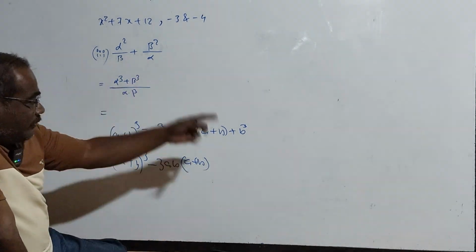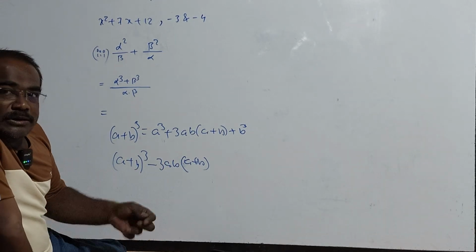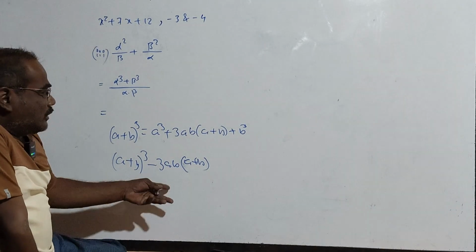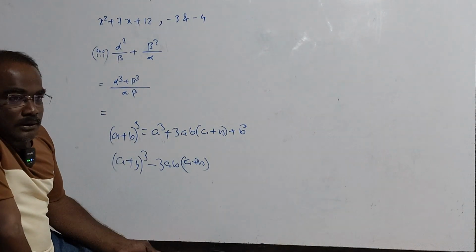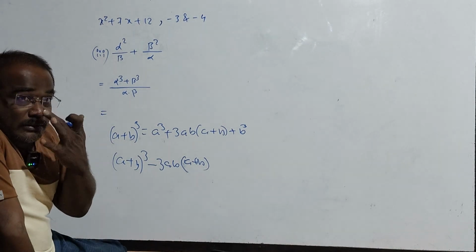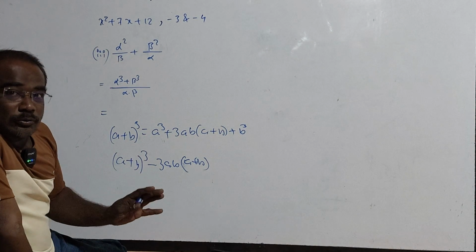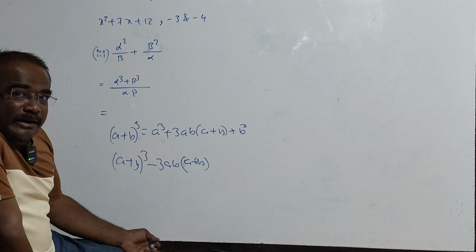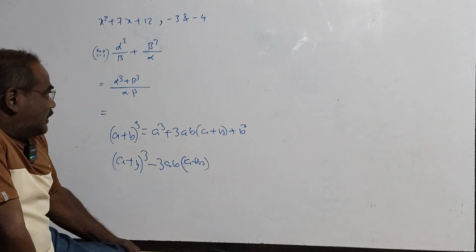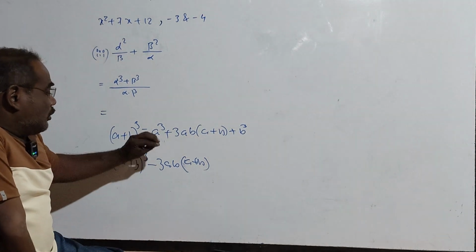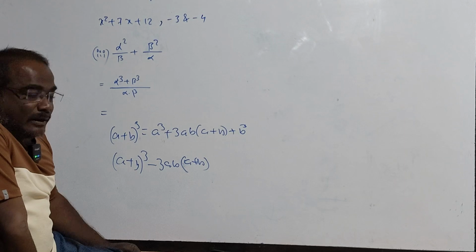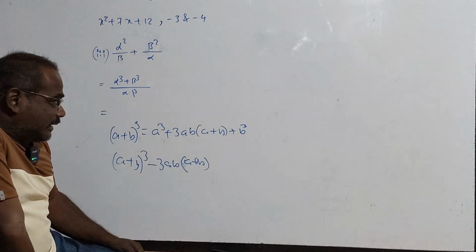We need to convert everything in terms of product and sum because we know the relation between zeros and coefficients of a quadratic polynomial, that is alpha plus beta is equal to minus b by a and alpha into beta is equal to c by a. Because of that, we need to convert everything in terms of alpha into beta and alpha plus beta.